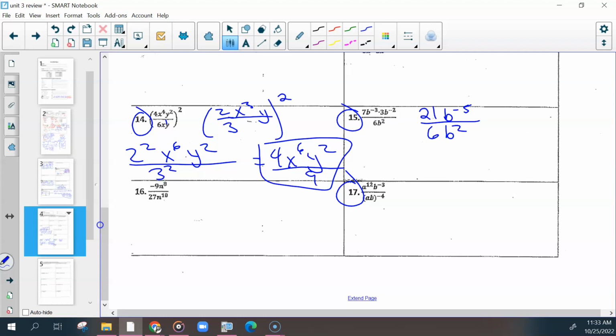What would that reduce to? 7/2. And I'm subtracting my exponents. Negative 5 minus 2 would be negative 7. So the b would get moved to the denominator. 7 over 2b to the 7.